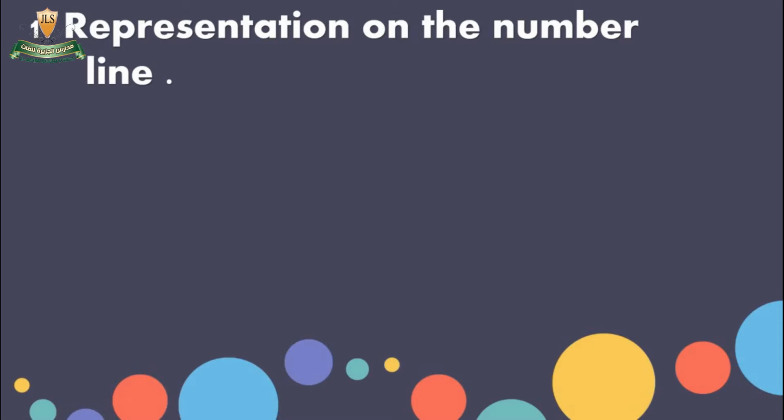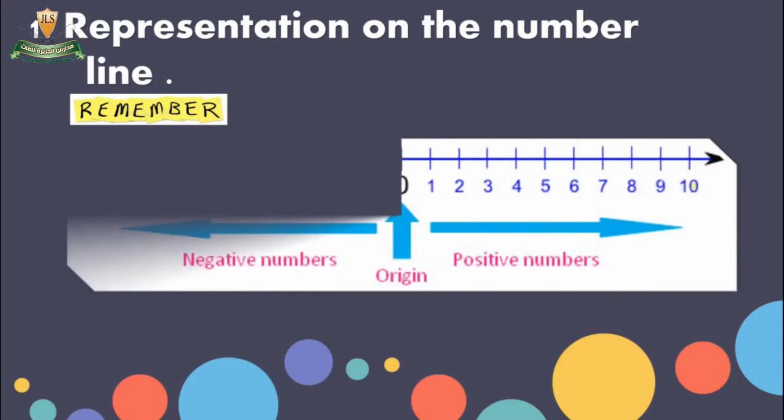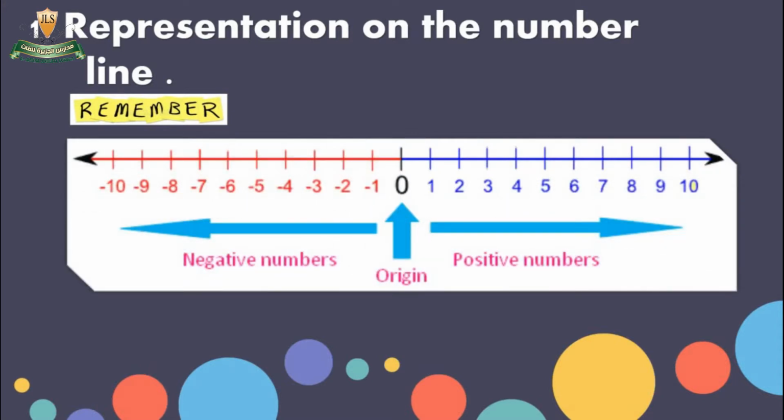We should remember that positive rational numbers are represented on the number line by points lying on the right hand side of the point which represents the number 0, and negative rational numbers are represented by points lying on the left hand side of this point.